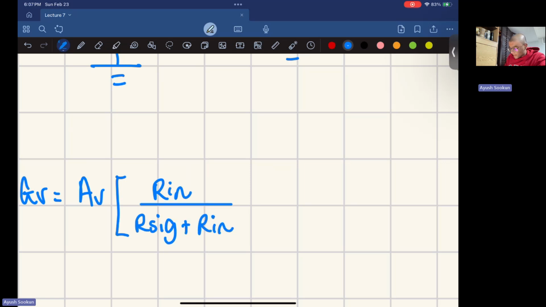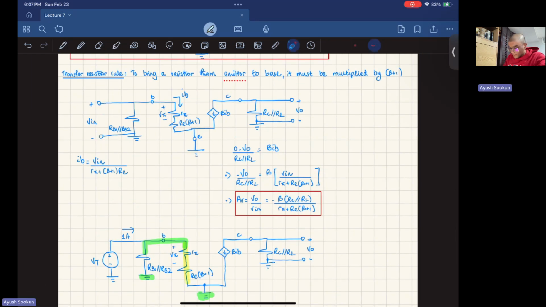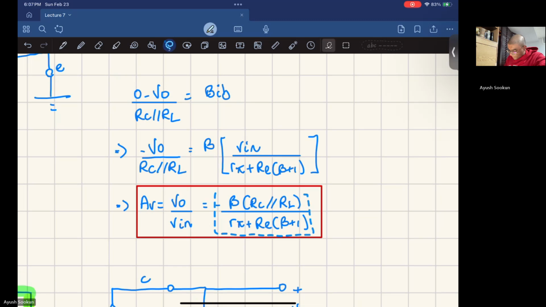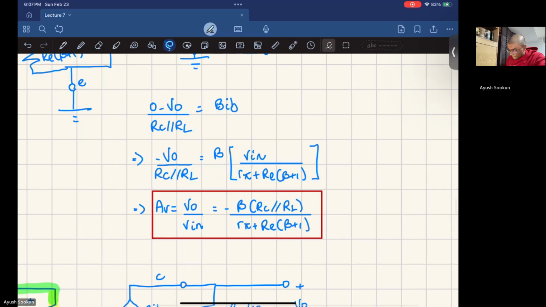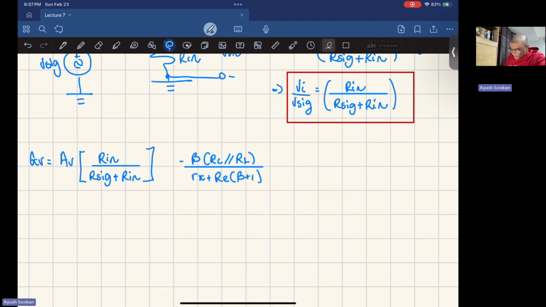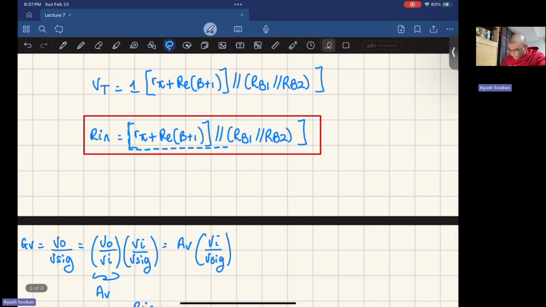Now, what are the values of Av and Rin? If I look up here, this is Av. So I replace Av by its value here, and the value of Rin is right here. This is what we computed before.